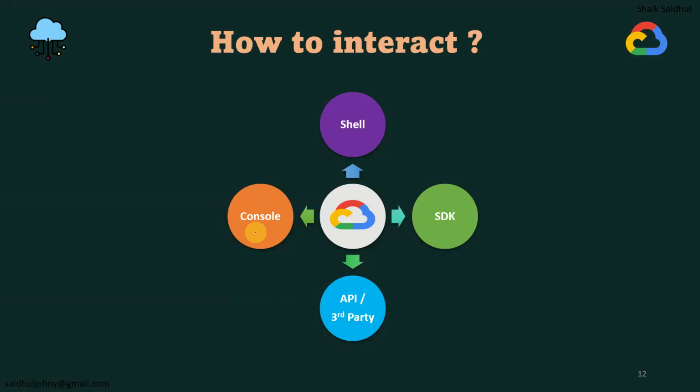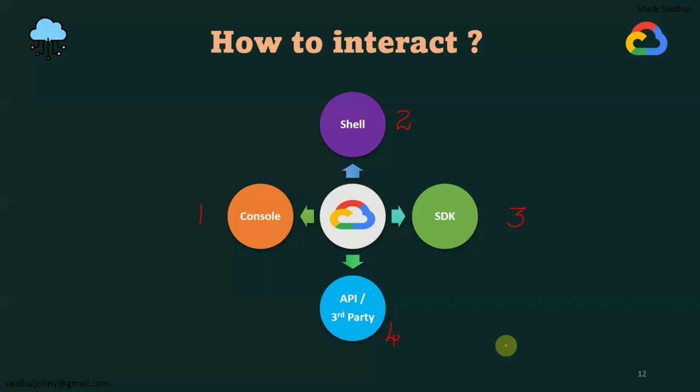It could be client libraries, APIs or third-party tools, nothing but external tools. So totally four methods are there, and these are the things we can use to interact with the GCP services.